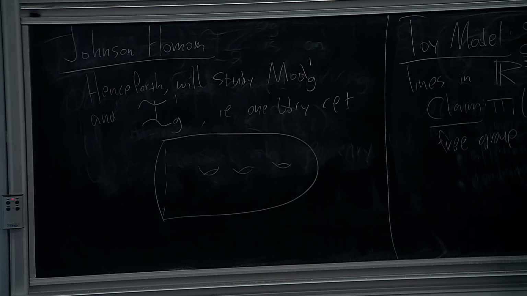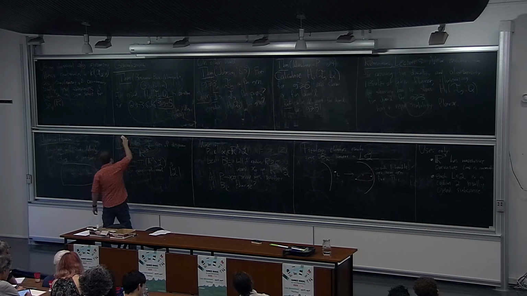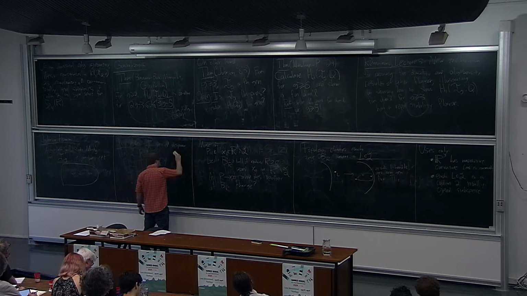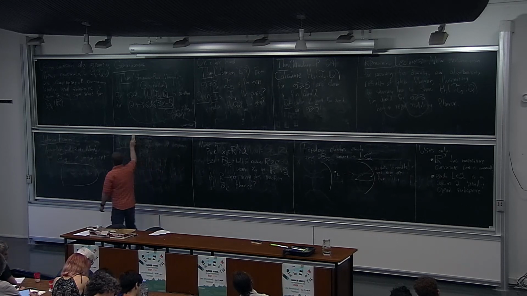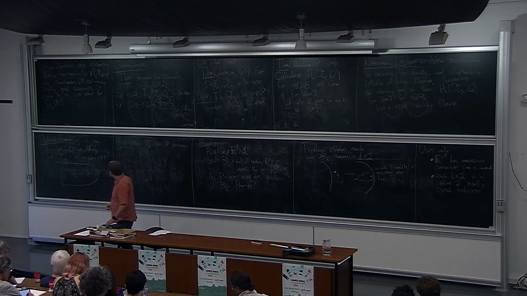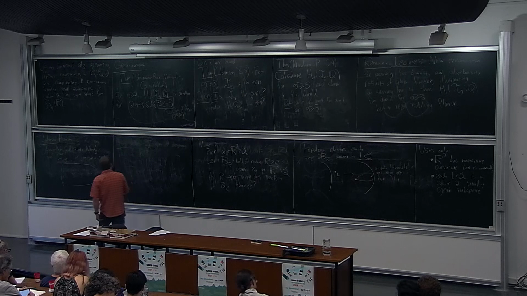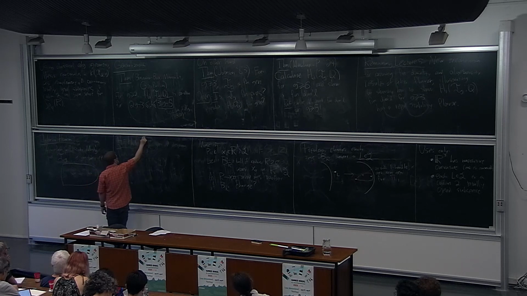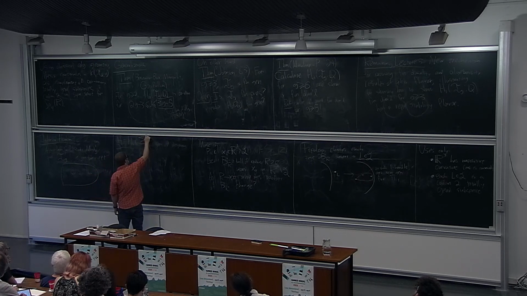Okay, so recall that H here is H1. I have a surface with one boundary component, and that doesn't actually change anything. It's still Z to the 2g.